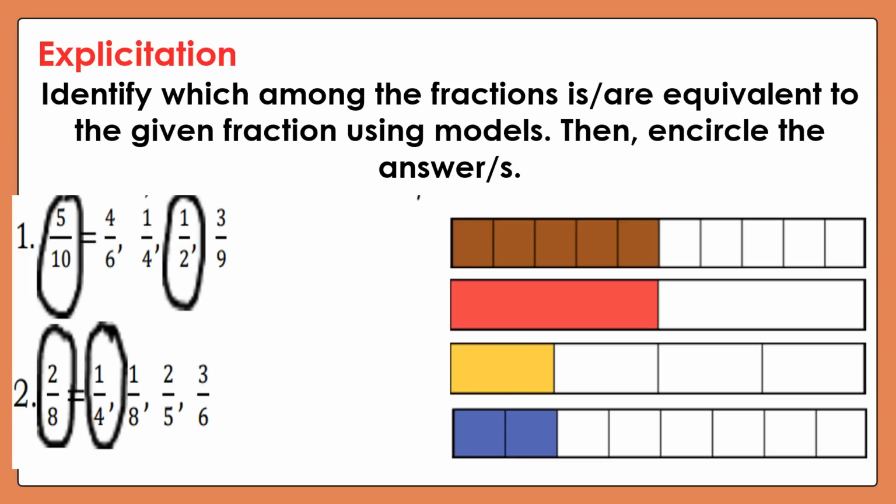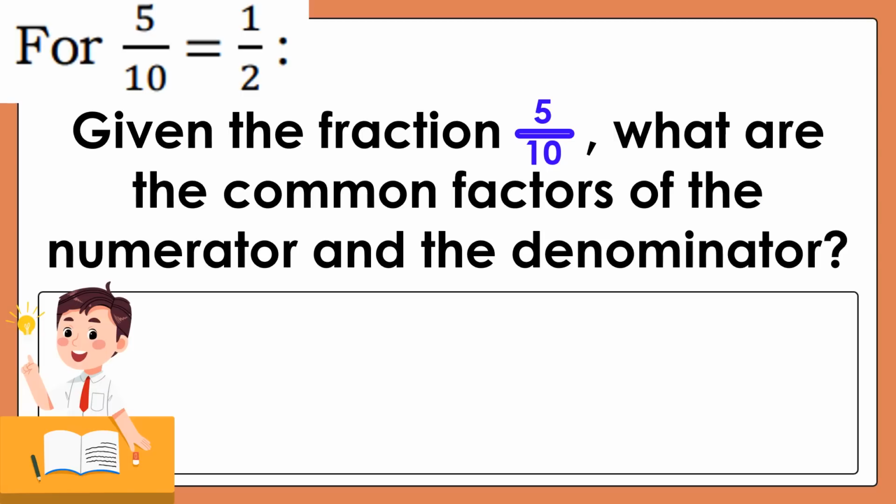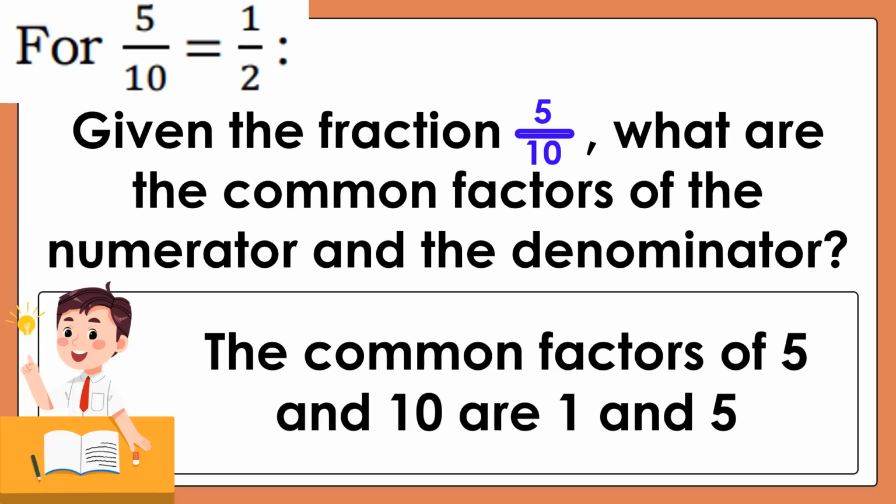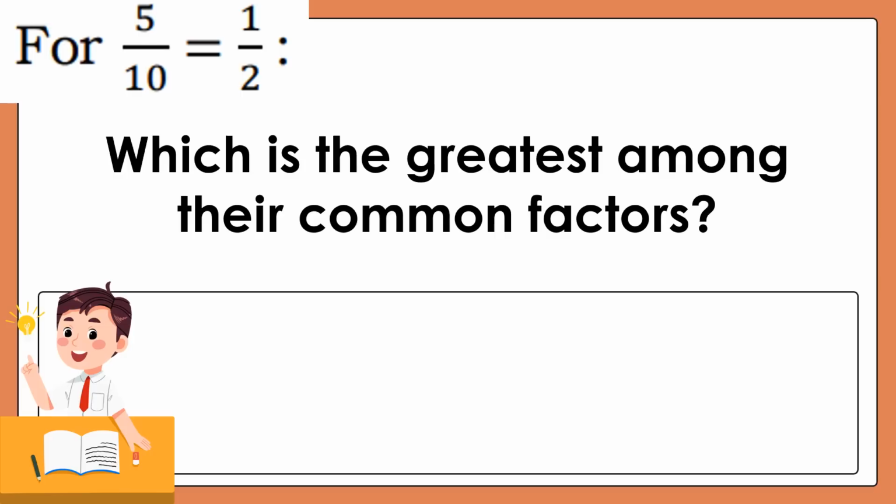Let's try to analyze. For 5/10 is equal to 1/2, given the fraction 5/10, what are the common factors of the numerator and the denominator? The answer, the common factors of 5 and 10 are 1 and 5. Which is the greatest among their common factors?